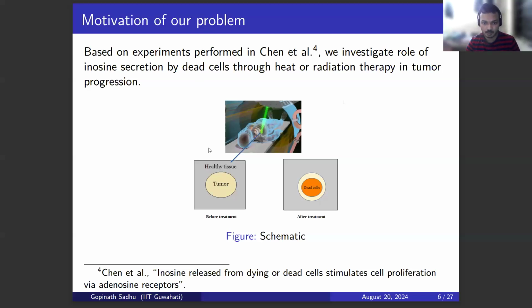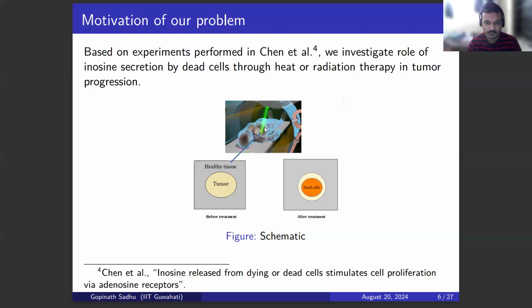From this schematic diagram, we can see that a patient is undergoing heat and radiation therapy. Before radiation therapy, the tumor typically looks like this, where the tumor is surrounded by healthy tissue.